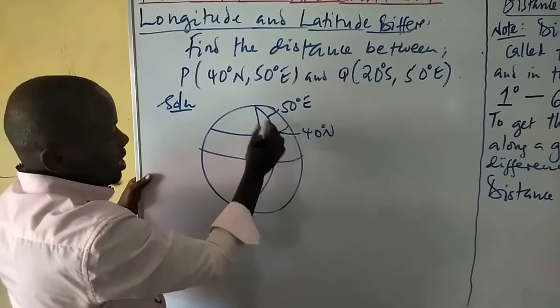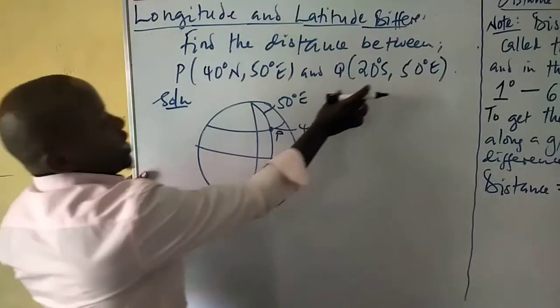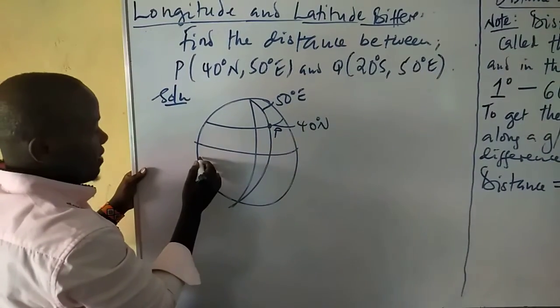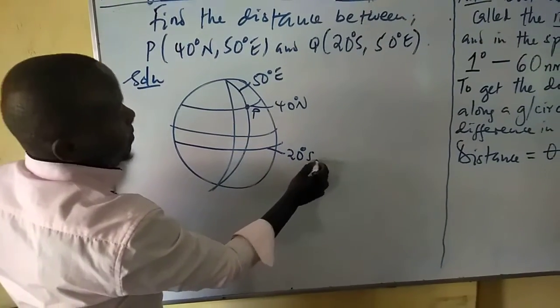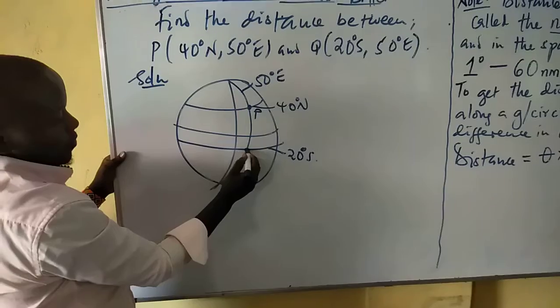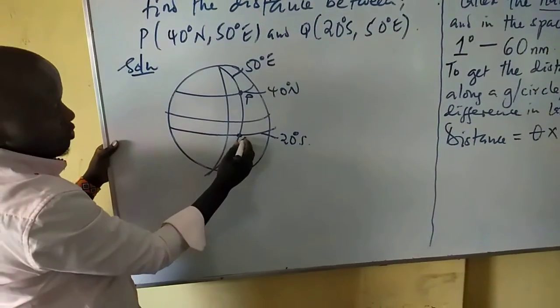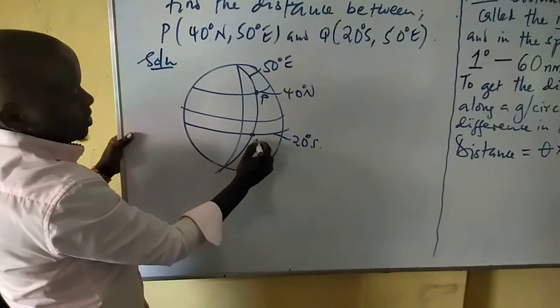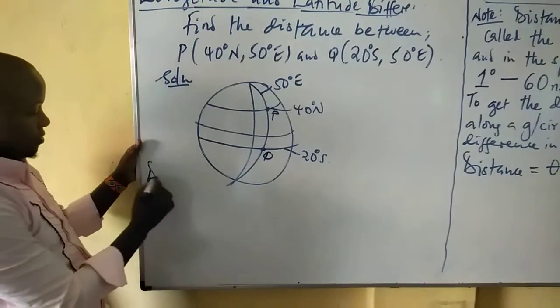Where 40 north and 50 east intersect, that's our P. Q is 20 south, so Q is on the other side, at 20 south and 50 east. They are on the same longitude, 50 east, the one cutting across.